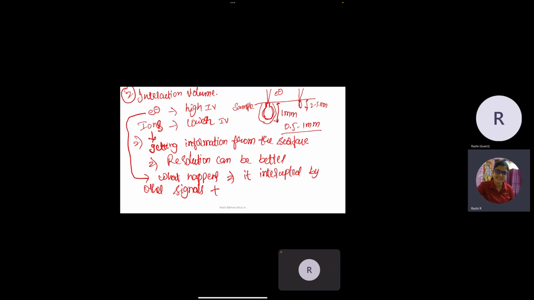The information you get will be from the complete depth rather than only at the surface. So how can you resolve better if it is not coming only from the surface? If you are getting signals from everywhere, how can you resolve better? So the depth of penetration, or the interaction volume, will be higher.